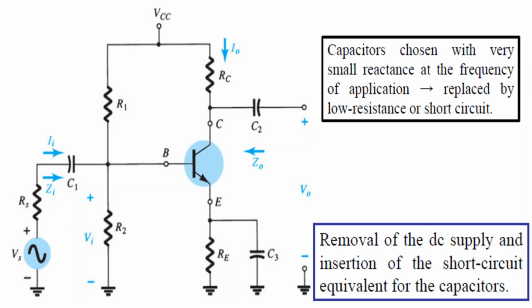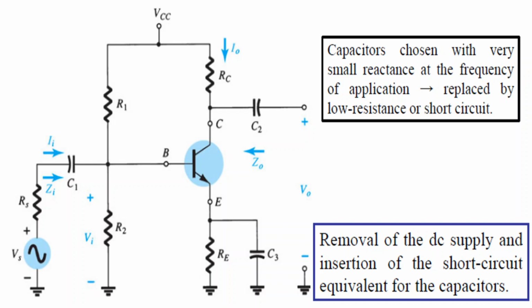You know that the original circuit for the BJT has capacitors. In this circuit we have three capacitors, C1, C2 and C3. The capacitors chosen for a BJT circuit have very small reactance at the frequency of the application, so we can replace all the capacitors by low resistance.